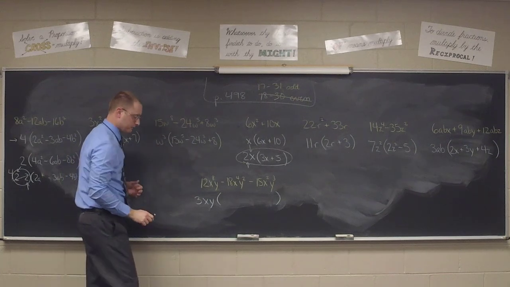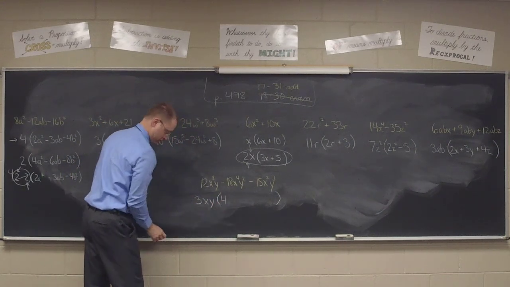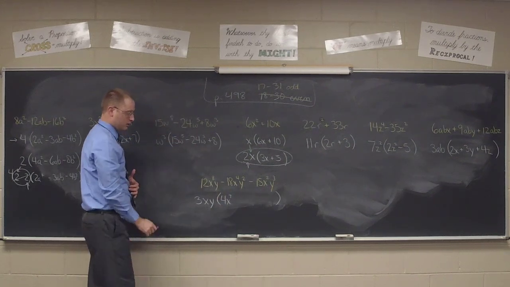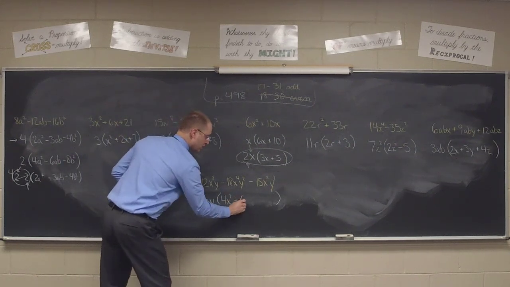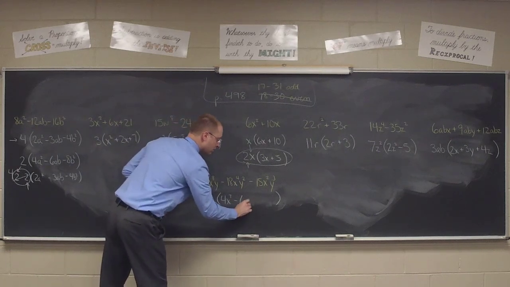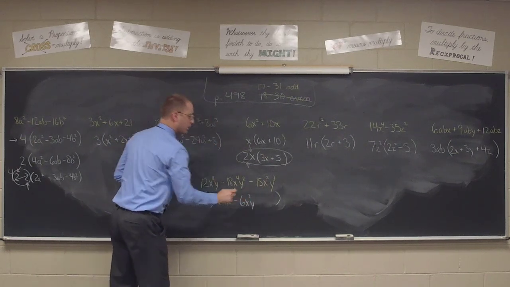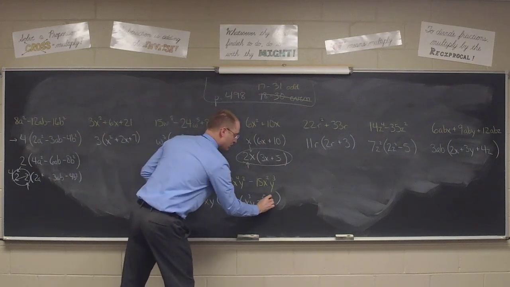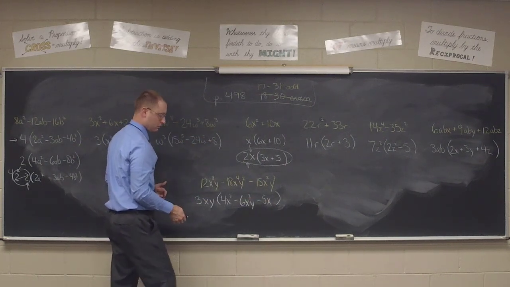Sign, number, letter. 4x to the 7, negative 6x cubed y, negative 5x, y squared.